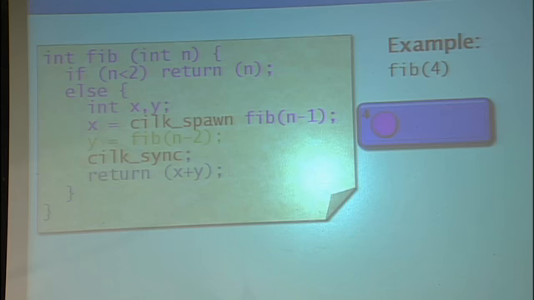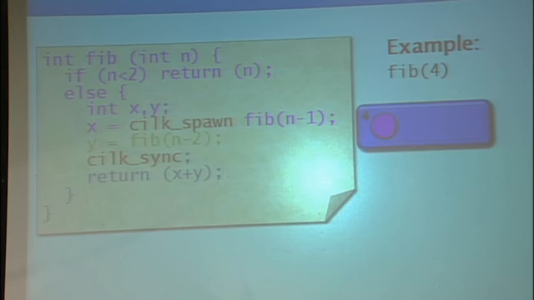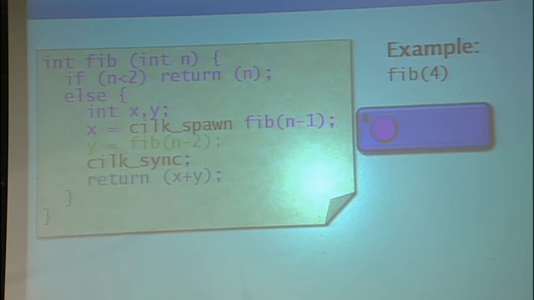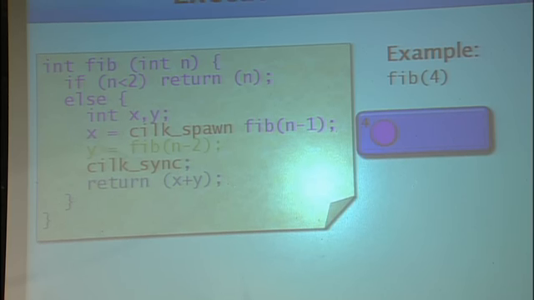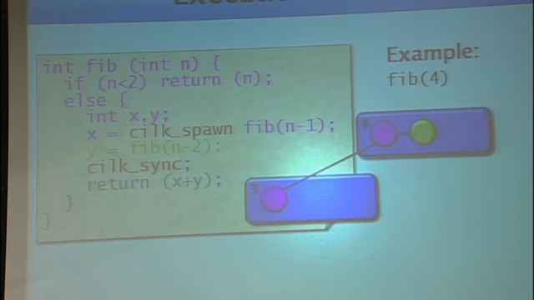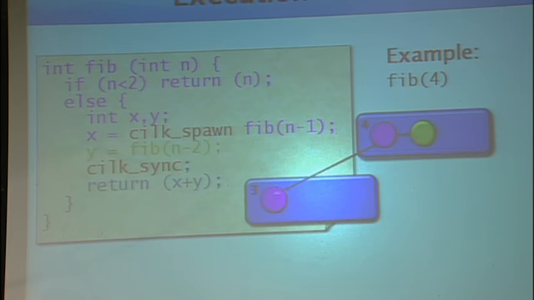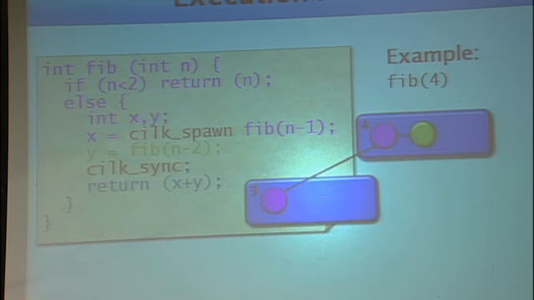Now we execute the strand, which corresponds to executing the instructions and advancing the program counter up until the point we hit the fib of n minus 1. At that point, I call fib of n minus 1, which in this case is now fib of 3.